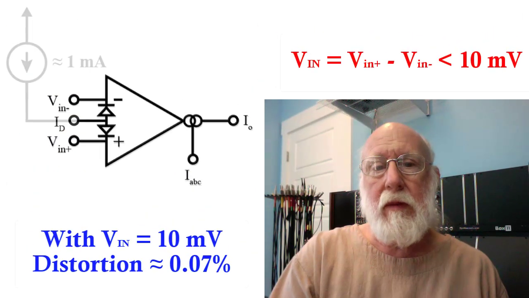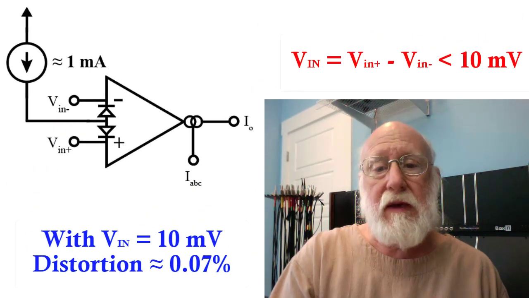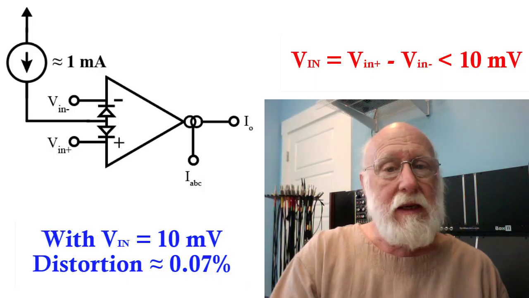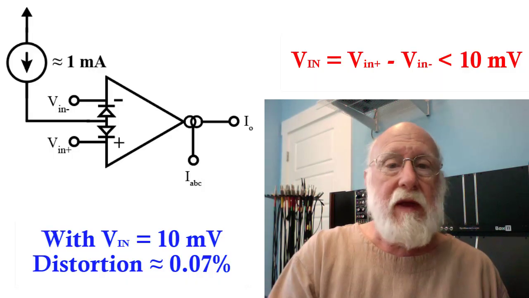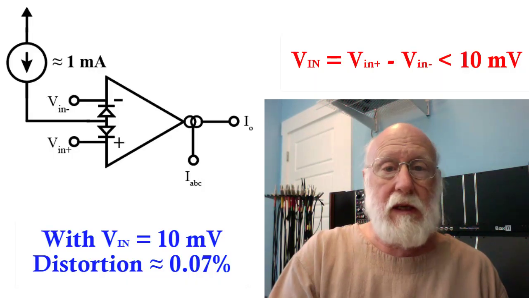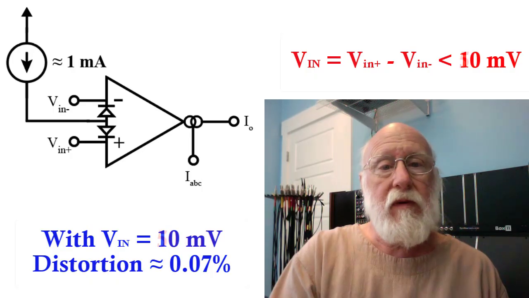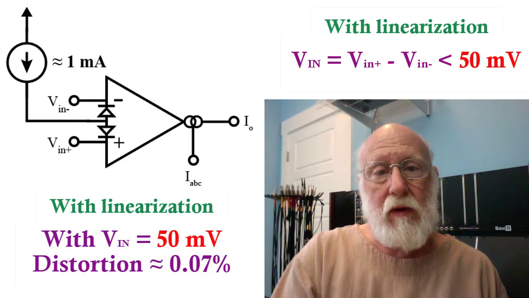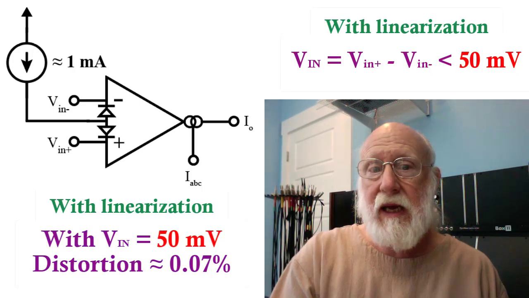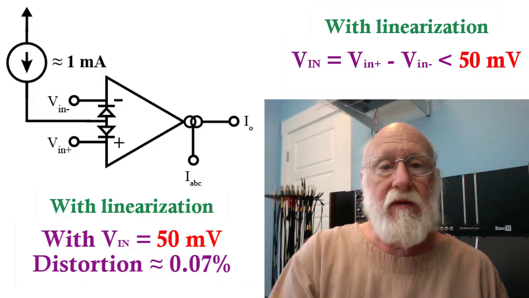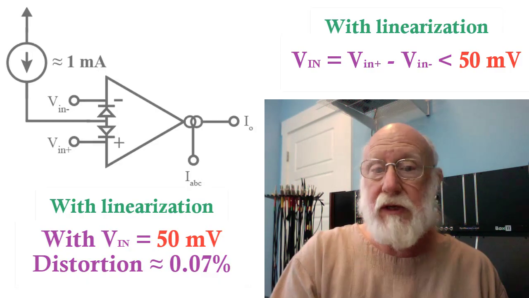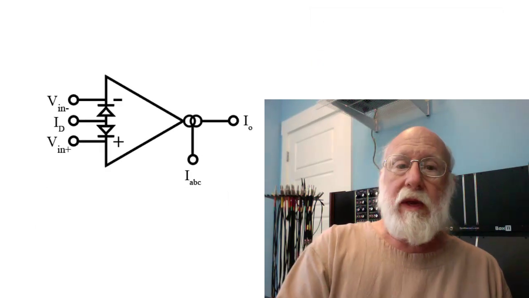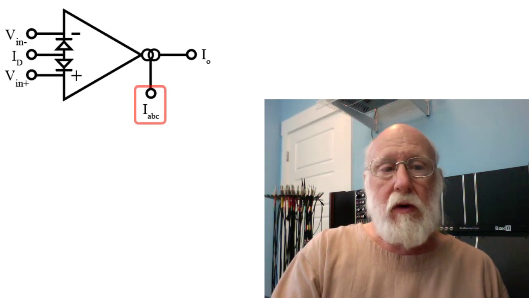If you implement linearization using the diode bias input, I sub D, then you can increase your differential input voltage to about 50 millivolts and still maintain the same level of linearity that you had without them at 10 millivolts input.